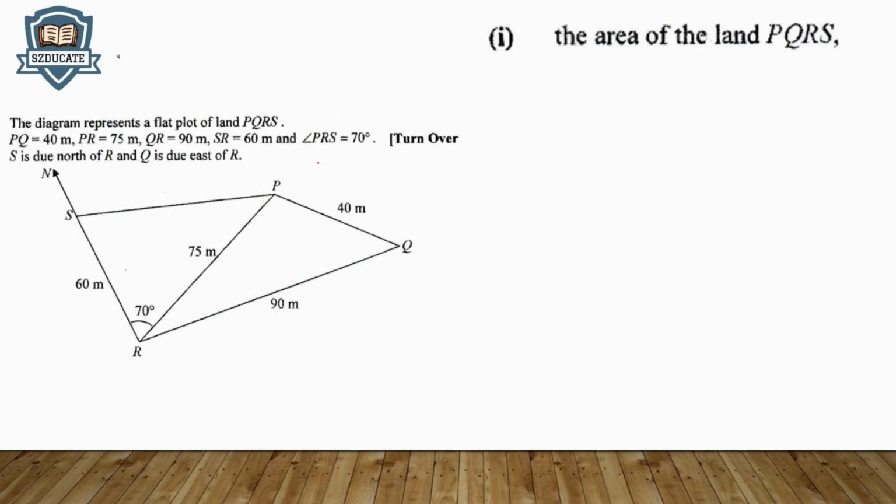So we have to do them separately by adding two triangles together. The area of triangle PRS is equal to half ab sine C, half times 60 times 75 times sine 70 degrees, and this will give you 2114.3 meter square.